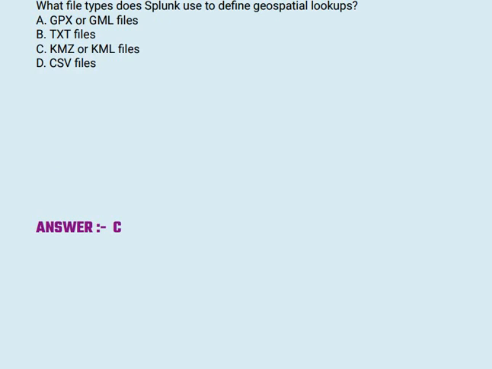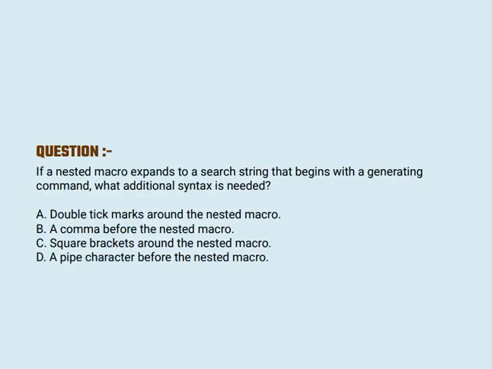Next question is, if a nested macro expands to a search string that begins with a generating command, what additional syntax is needed? Option A, double tick marks around the nested macro.